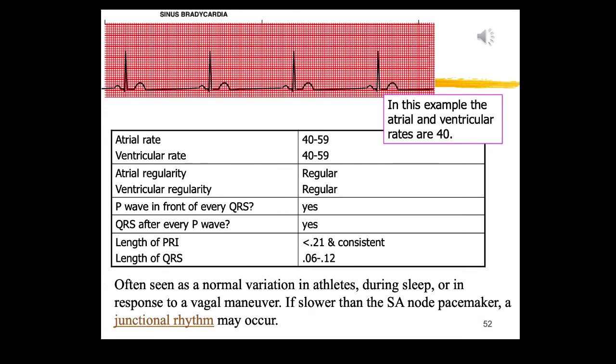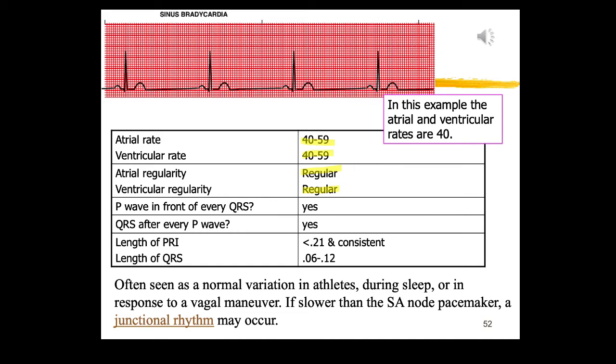Sinus bradycardia is a sinus rhythm whose rate is below 60, typically 40 to 59. The ventricular rate is also the same as the atrial rate, and both the atria and ventricular rhythms are regular. There is a P wave in front of every QRS.